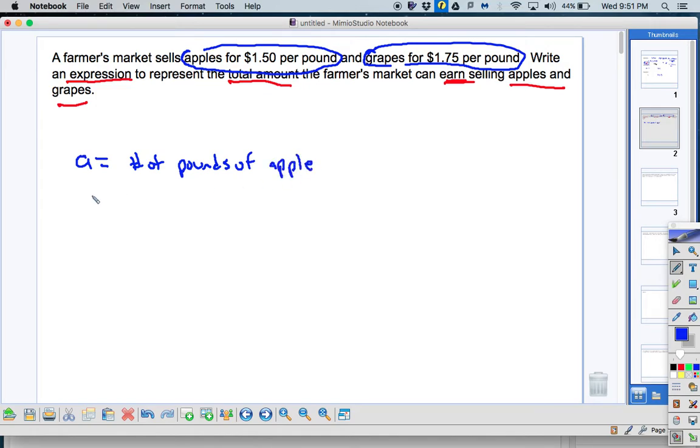So if I say that A is 1, that means I have 1 pound of apples. If I say A is 2, that means I have 2 pounds of apples. So A is representing the number of pounds of apples that I have. And I'm going to use G for grapes, and that's going to represent the number of pounds of grapes I have.